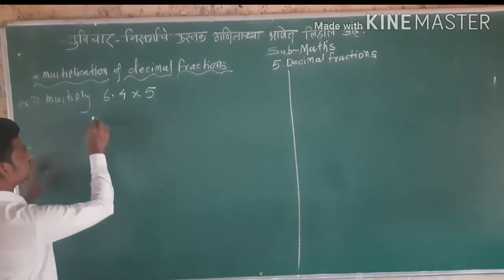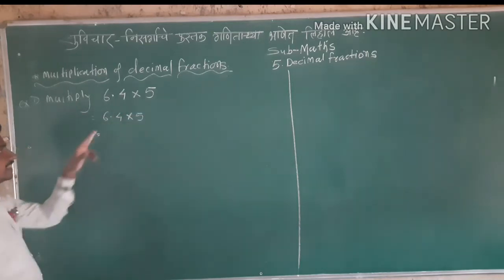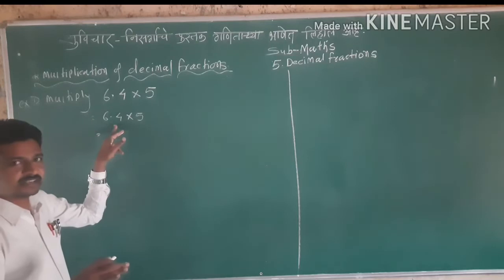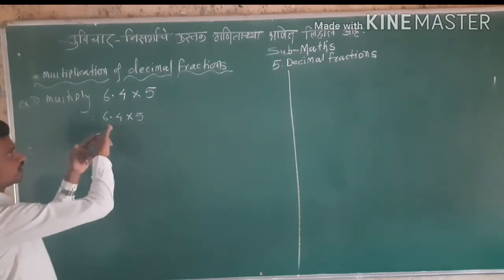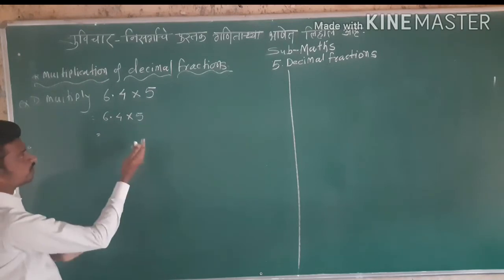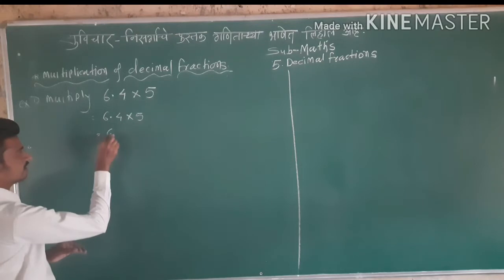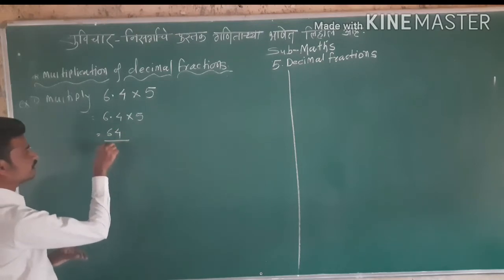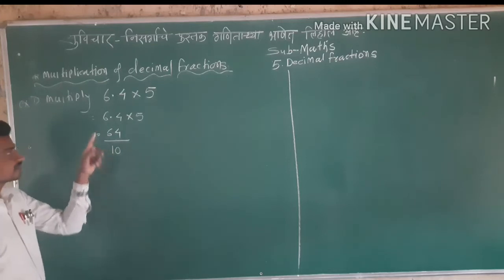That decimal fraction we first write in numerator and denominator form. Here is the decimal point. After the decimal point, how many places are there? One. So it is written in numerator denominator form as 64 upon 10.